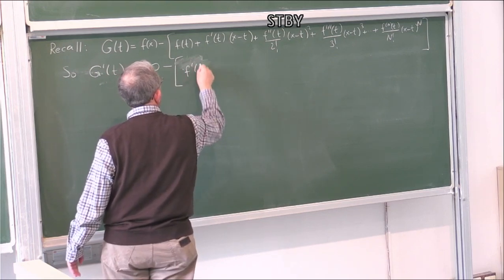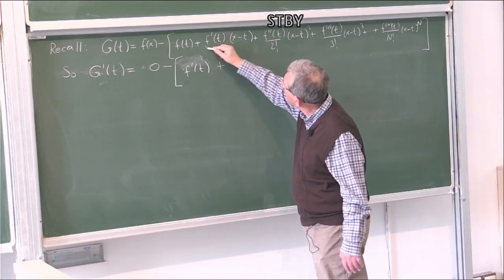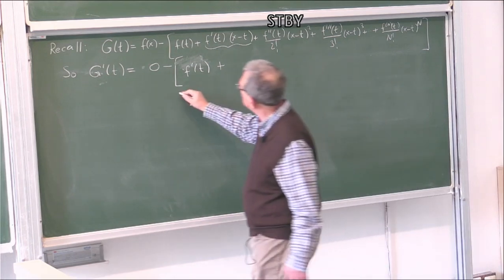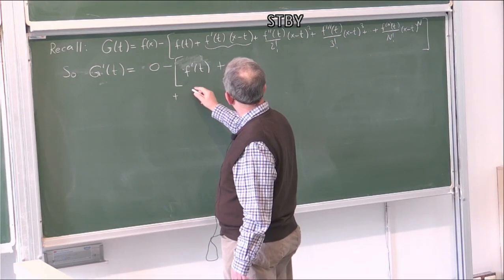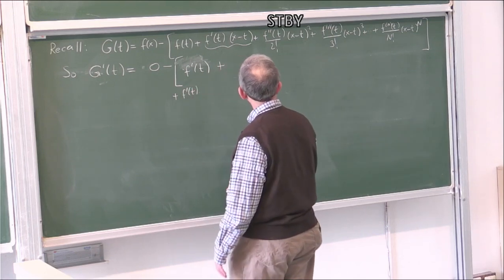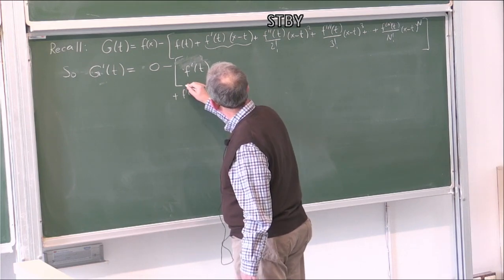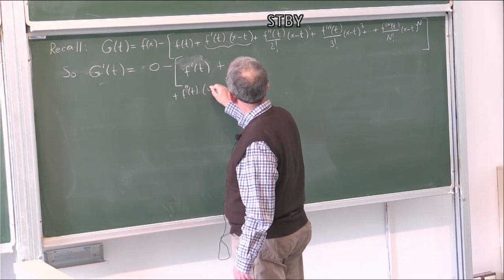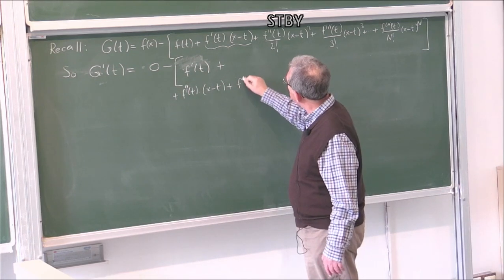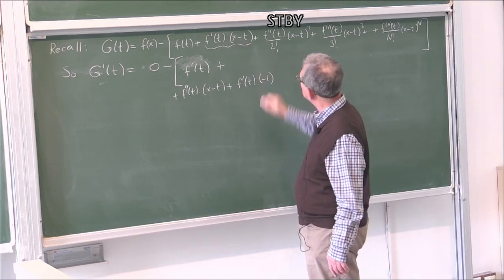It is f prime t plus, now here we have a product derivative, so it is f prime t, f double prime t times (x minus t) plus f prime t times the derivative of (x minus t).